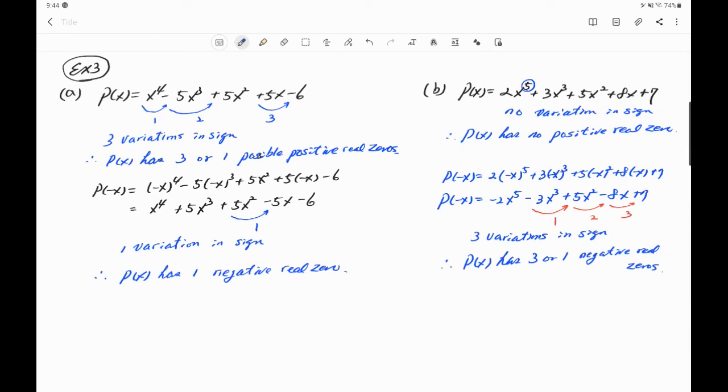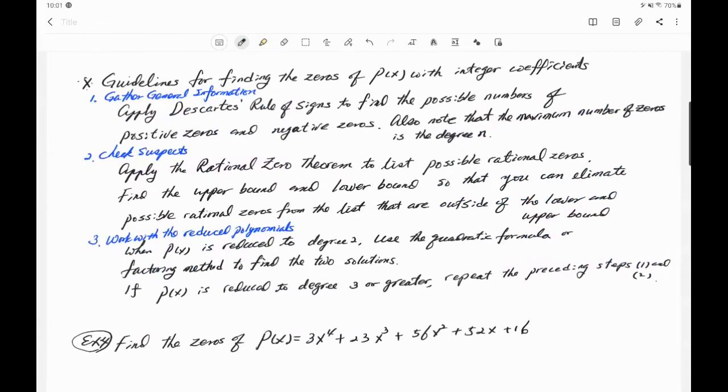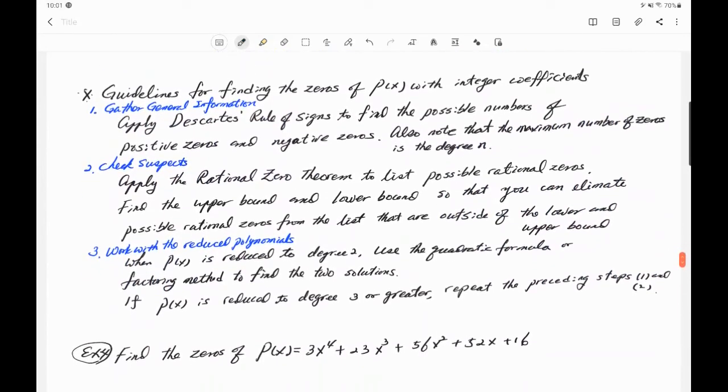All right, so these rules are useful when we find out the real zeros. Then here are just some guidelines for finding the zeros of a polynomial. Of course, this polynomial should have integer coefficients. So we can separate it into 3 parts. The first one is to gather general information.